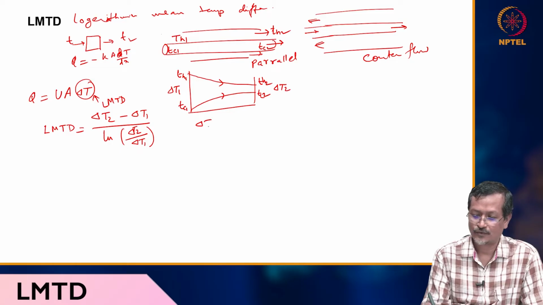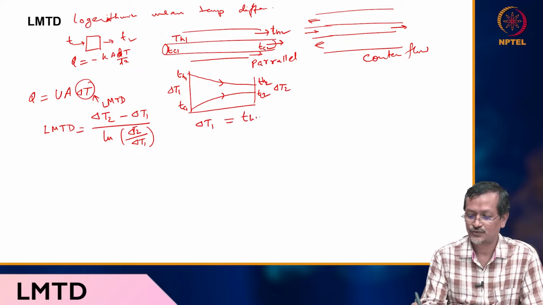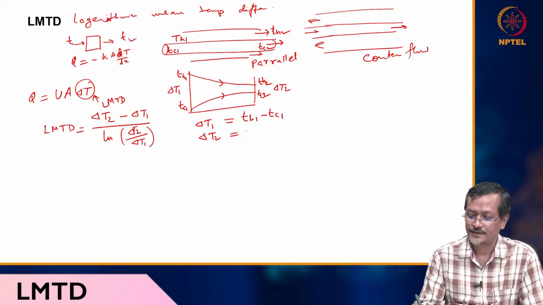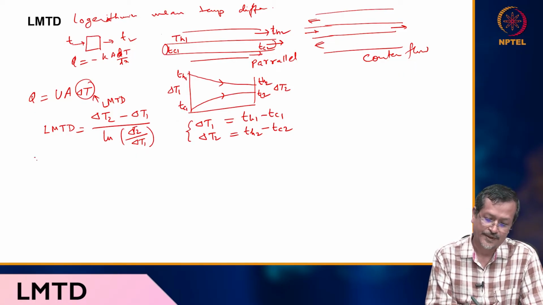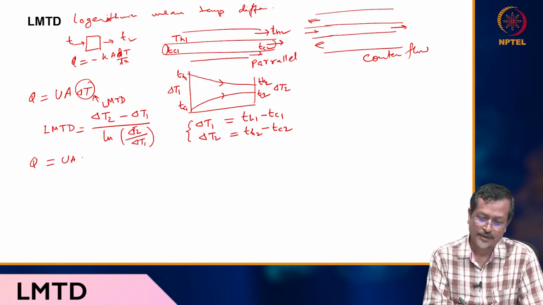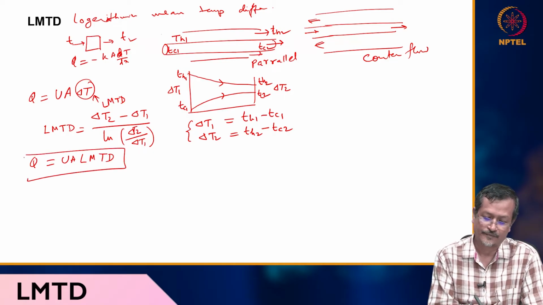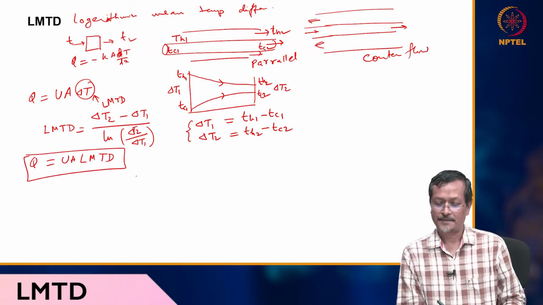So del T1 equals TH1 minus TC1, and del T2 equals TH2 minus TC2. This is the logarithmic temperature difference. So now my Q equals U A times LMTD. This is for parallel flow.